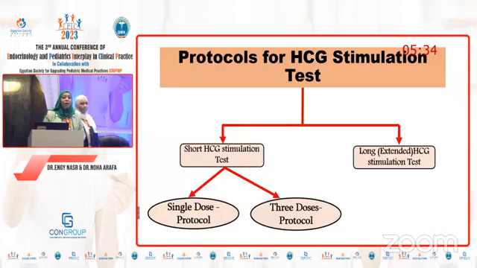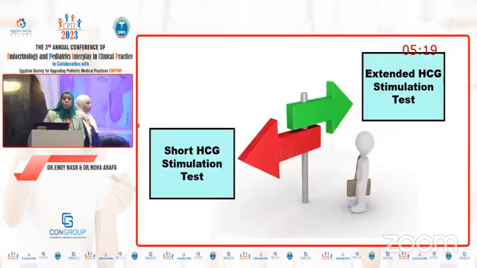We have different protocols for HCG stimulation test. We have the short stimulation test and the extended one. And for the short HCG stimulation test, we have a different protocol, the single dose protocol and the 3-dose protocol. At that step, we have to ask ourselves, should we go for the short or the extended stimulation test?